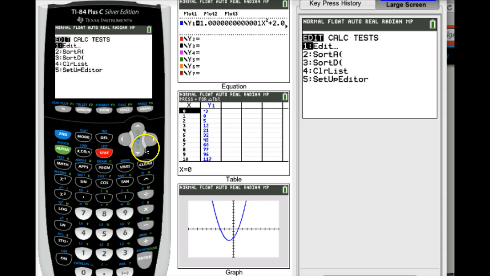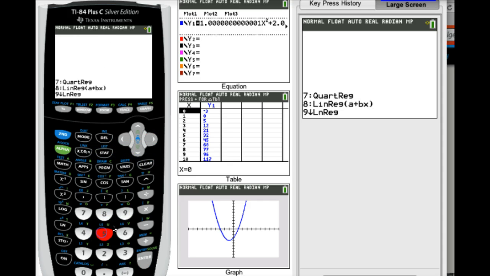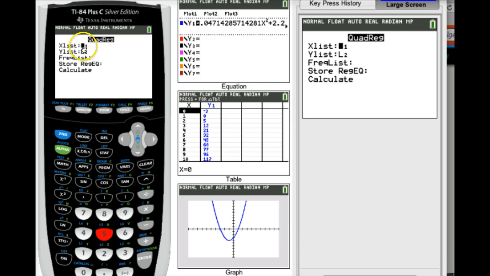When you go to Stat, Calc, and Quadratic Regression for the truck, don't just press L1, L2, Y1. That's not where the data for the truck is. The X list is L1, but for the truck, the Y list is L3. So you have to tell the calculator that.